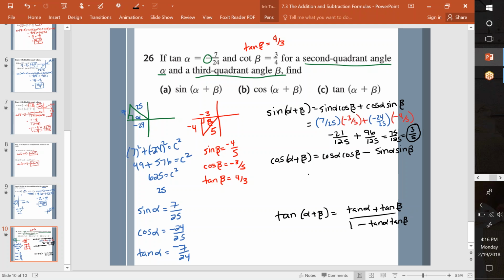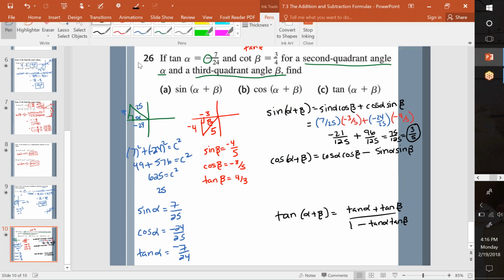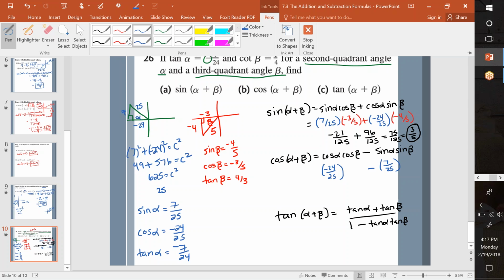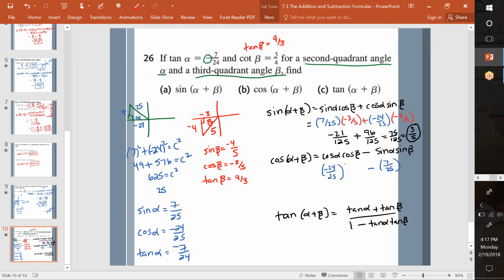And then we want to look at cosine. So cosine alpha, cosine beta. Cosine of alpha is negative 24 over 25. Sine of alpha is 7/25, so that's going to go over here. We have our minus sign in the middle. And we need cosine of beta, which is negative 3/5, and sine of beta, which is negative 4/5. We multiply.